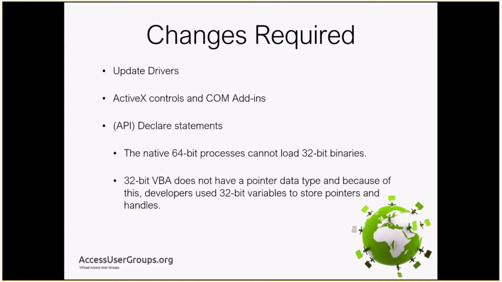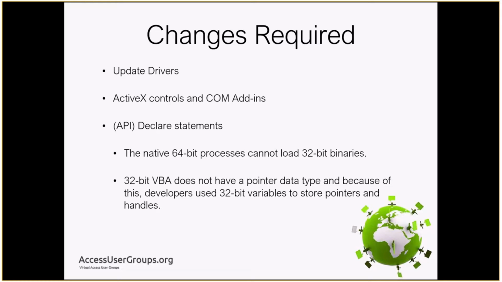The 32-bit VBA does not have a pointer data type, and because of this, developers use 32-bit variables to store pointers and handles. Now, these variables truncate 64-bit values returned by API calls when using declare statements. So again, later on, we'll go through that in a bit more detail.